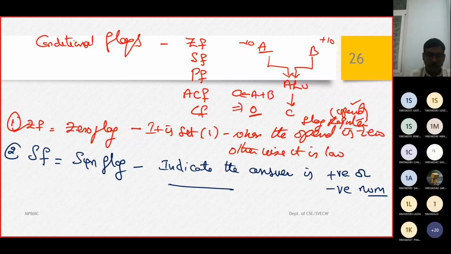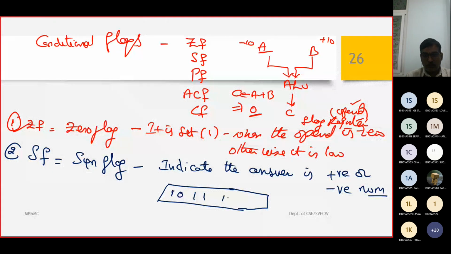For example, I have 1011, 1101. This was the data.